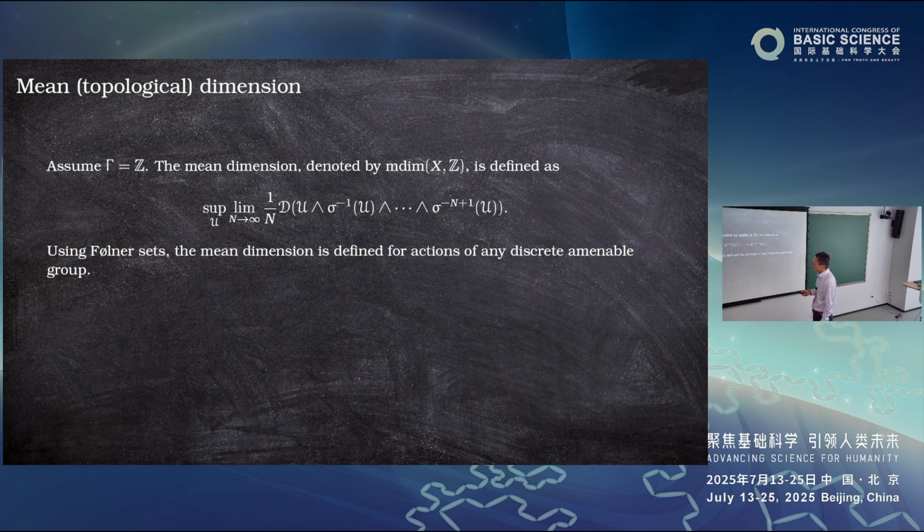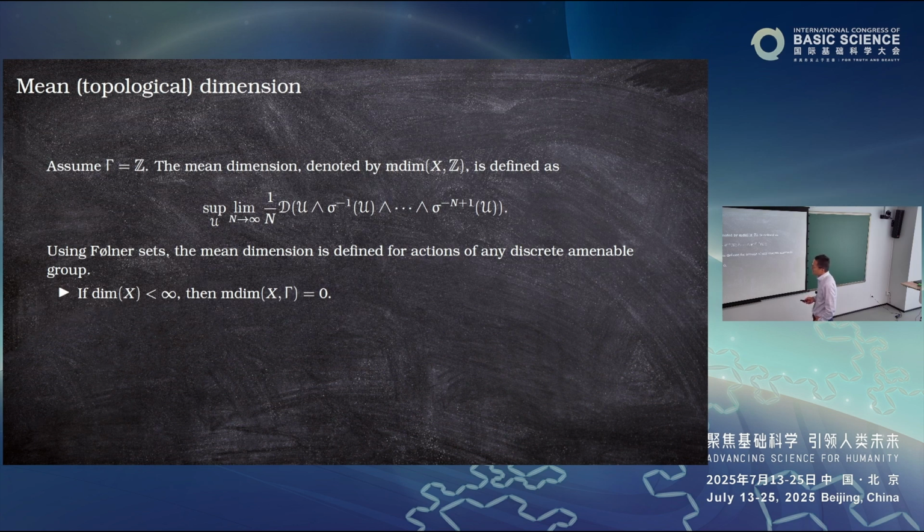So nothing really special about Z. For any amenable group, you can use the Følner sets to look at this averaging process. It converges. So the mean dimension is defined for actions of any discrete amenable group. So some remarks.